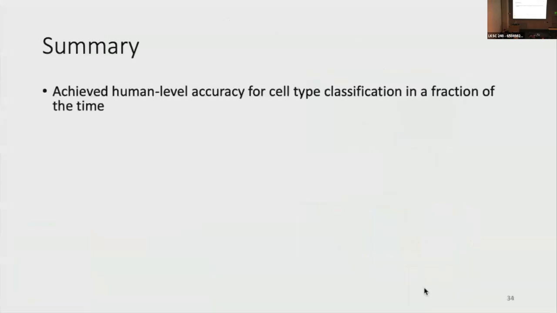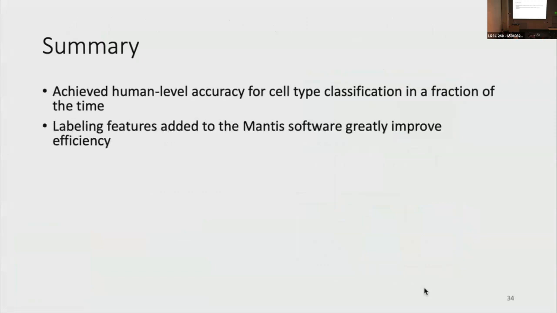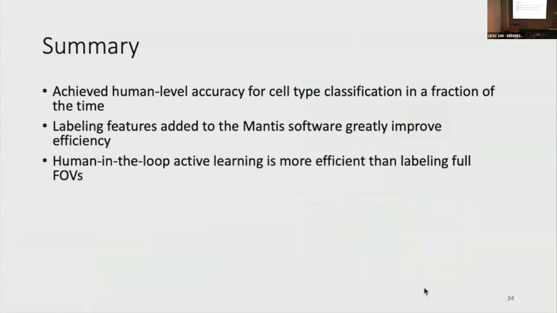So in summary, we've achieved human level accuracy for this cell type classification. It's been a fraction of the time, in that it takes each person only around 2 to 3 weeks, whereas before we were spending about 6 months per project. The labeling features that we added to Mantis really improved the efficiency of doing this labeling.